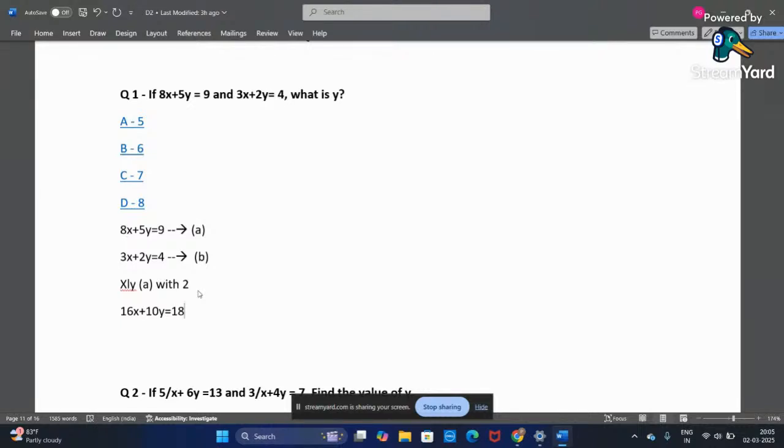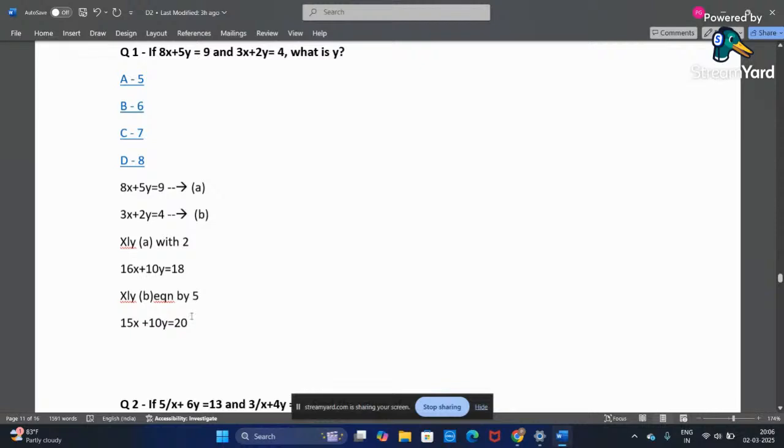After multiplying with 2, we get this. Then you have to multiply equation B by 5. What are we getting? 15x plus 10y equals 20. These are the values we get after multiplying with 2 and 5.